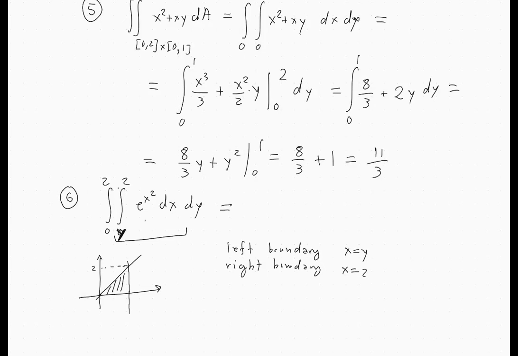So I repeat, the left boundary is this line, the right boundary is that line, and we know that integration takes place from 0 vertically all the way to 2, which means that we have exactly this triangle.